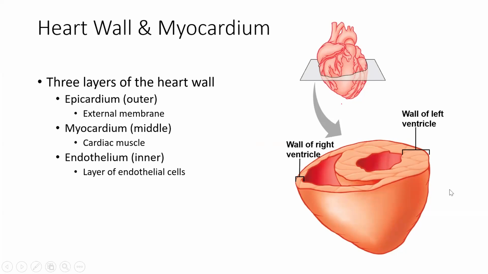In this image, we can appreciate a cut surface of the heart here. We can appreciate the larger left ventricle. So if you can see, the left ventricle wall is much thicker than the right ventricle wall. And I kind of explained this a bit earlier, but the reason for this is because the left ventricle has to work against the resistance that we see in our arteries, especially the high resistance that we see in the arterioles.